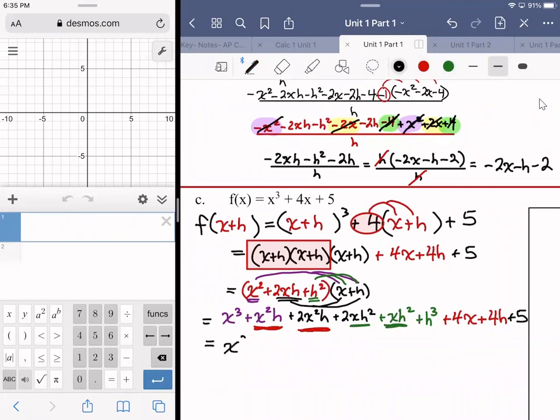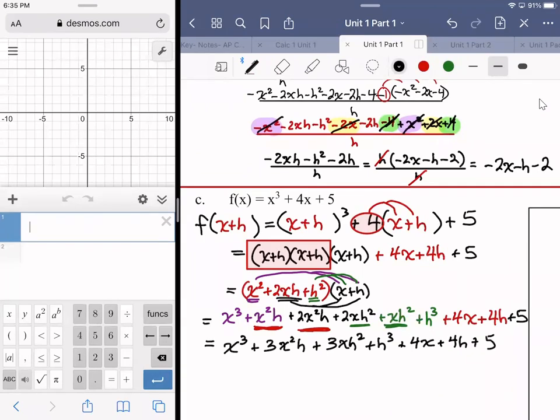The x cubed plus 3x squared h plus 3xh squared plus h cubed plus 4x plus 4h plus 5.